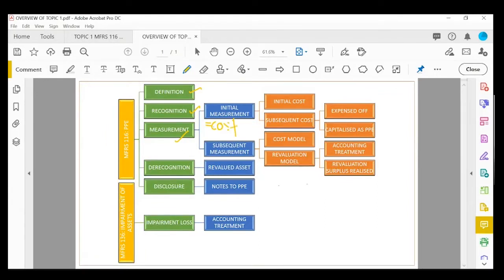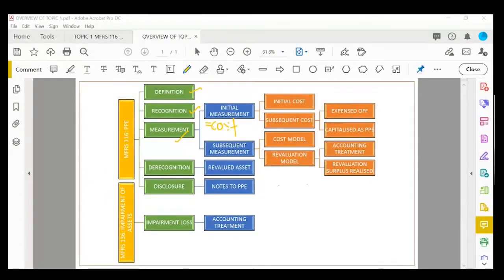But again, let me repeat. Cost can be the cash equivalent of a value. That's why in the computation of initial cost, you may have a cash item, and then you may have a provision for future cost.